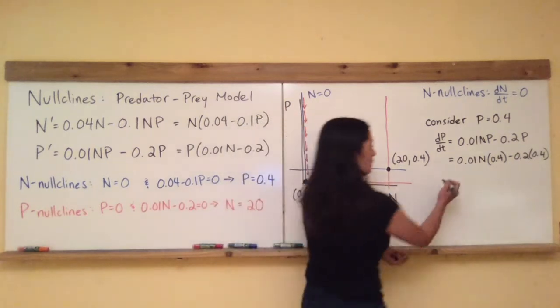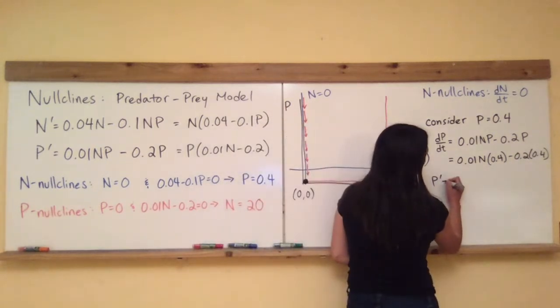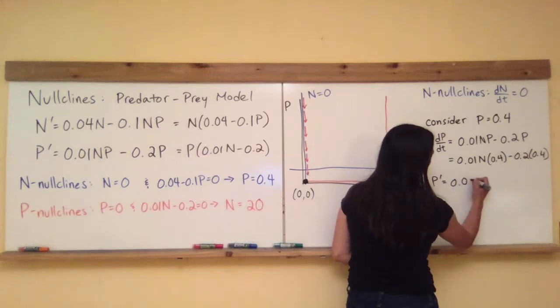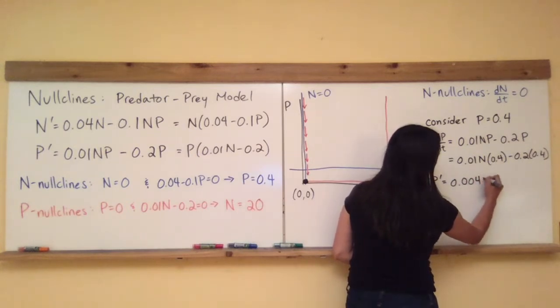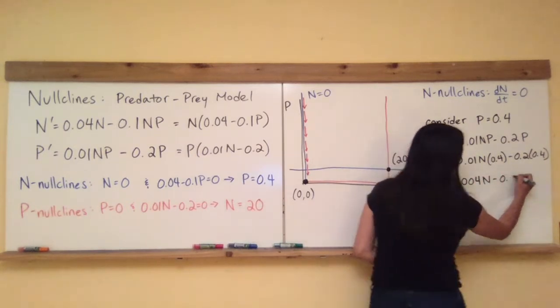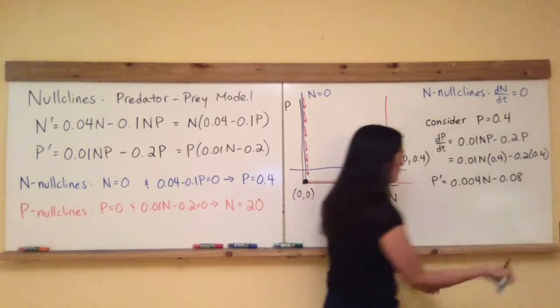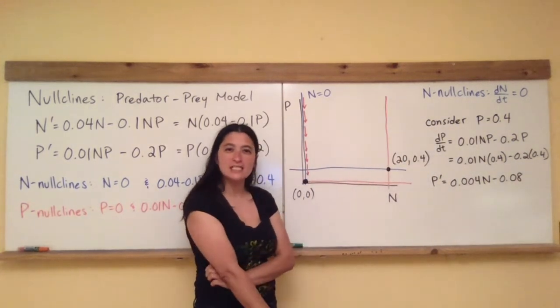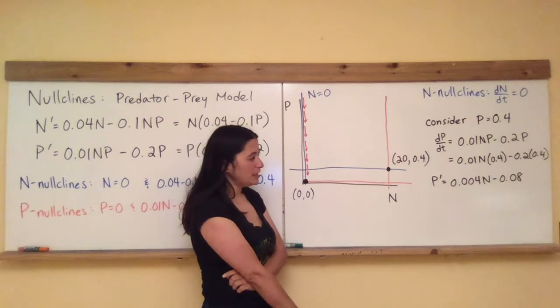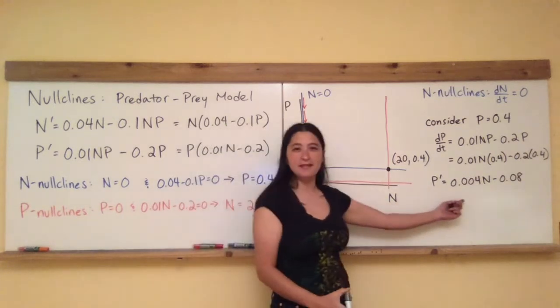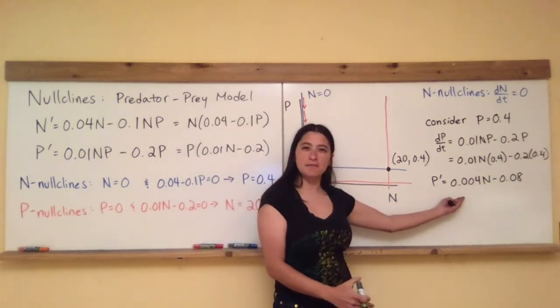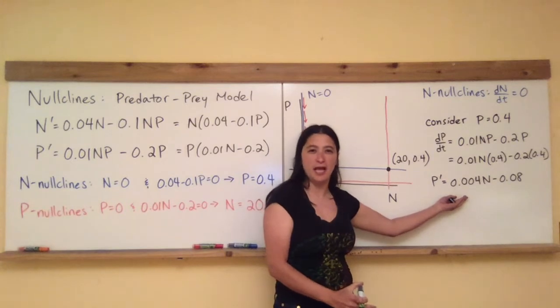Okay, so now I'm going to try to simplify it. So it says p prime is 0.004n minus 0.08. Not as easy as the last one, but it just has an n in it. And so really the sign of p prime is now going to depend on n.